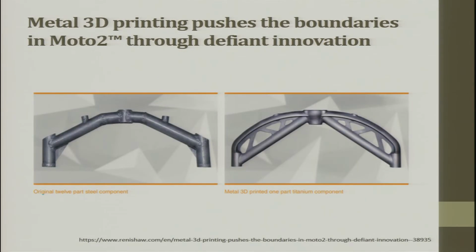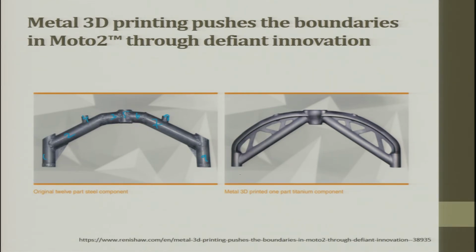So, this was the original 12-part steel frame. You see 1, 2, 3, 4, 5, 6, 7, 8, 9, and then you have parts on the other side also. It has 12 parts, cutting, welding, and you see it is very complex. Making a fixture for welding is a challenge.